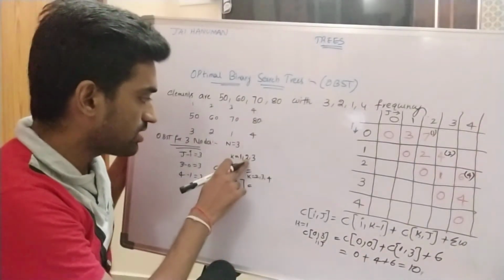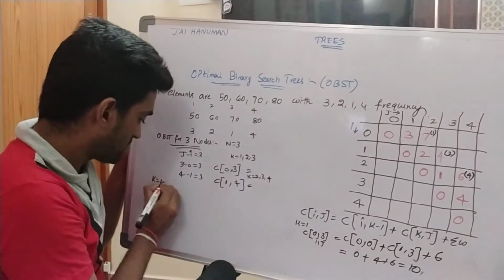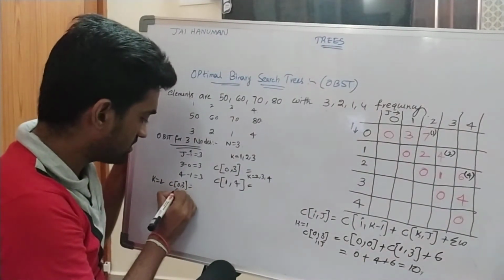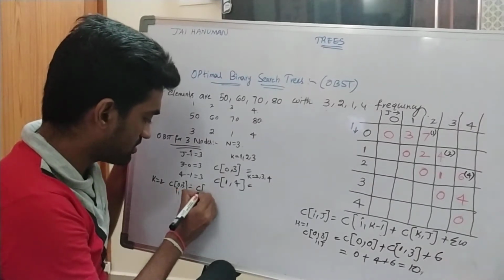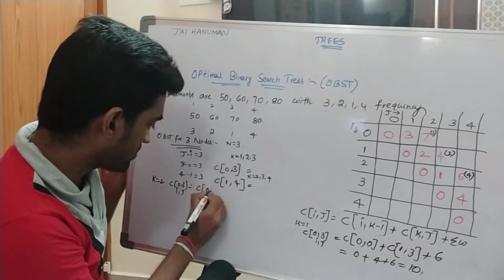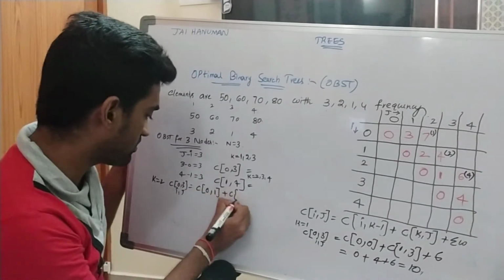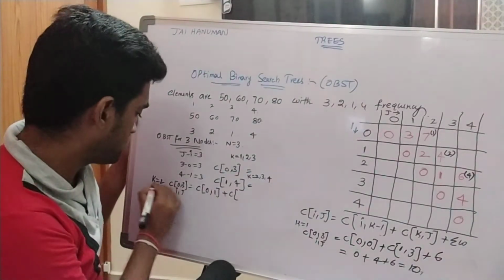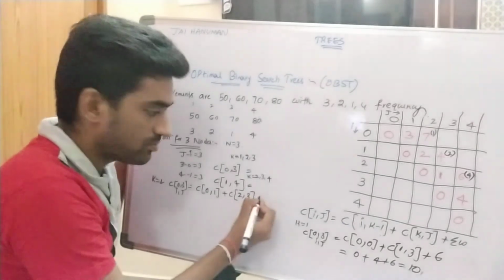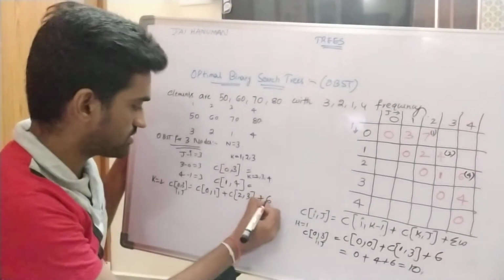Then at k equal to 2, the cost of 0 comma 3. This is i, this is j. So the cost of i comma k minus 1, 0 comma 1, plus the cost of kj, 2 comma 3, plus all weights, which are 6.